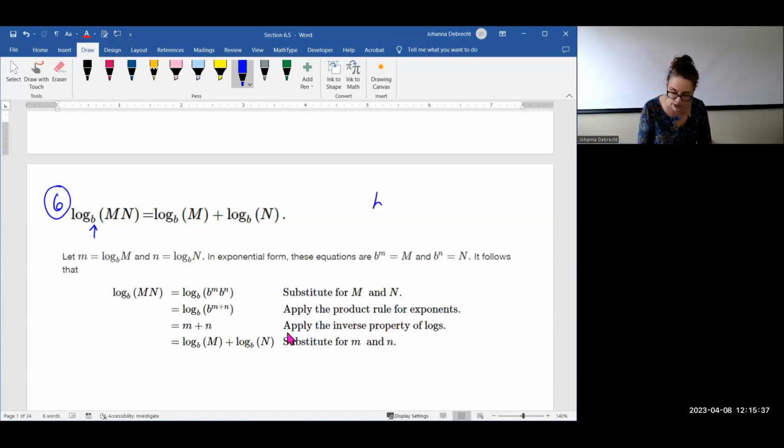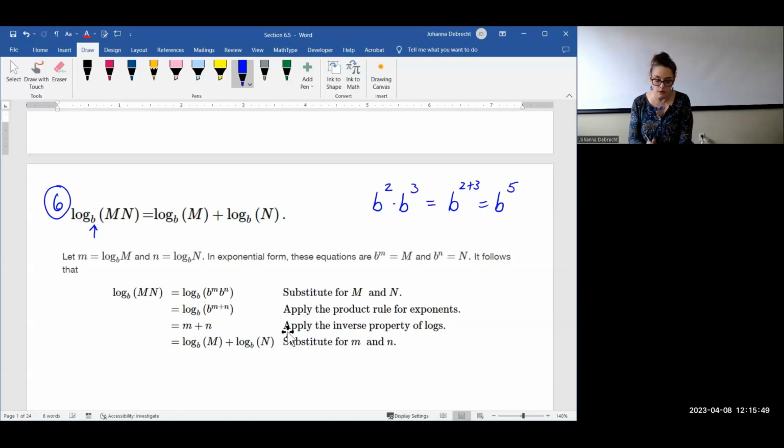So if we're looking over here, if I had b squared times b to the 3rd, this would give me b to the 2 plus 3, which would give me b to the 5th, right? So that's the rule. This is what it looks like in exponential form here on the right, and this is what it looks like in the logarithmic form on the left. Now let's prove that this is true. So I'm going to start by looking at these 2 parts on this side right here.